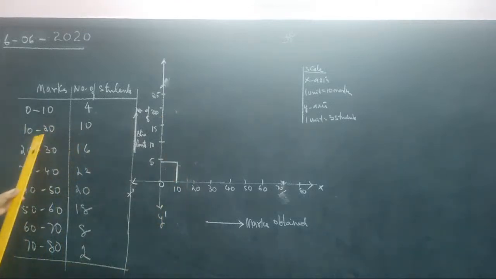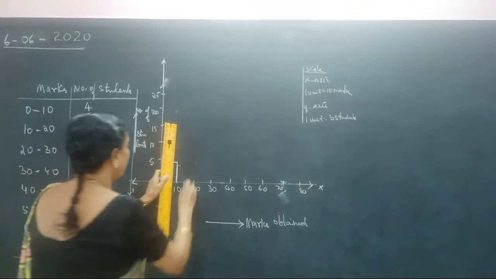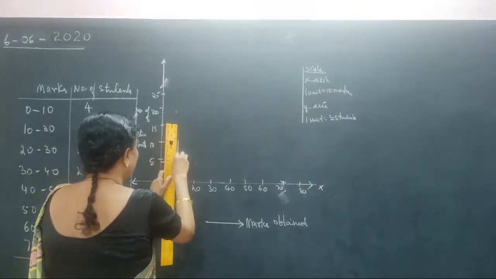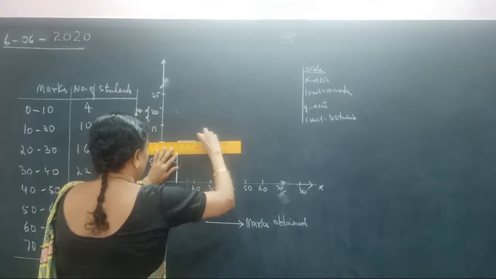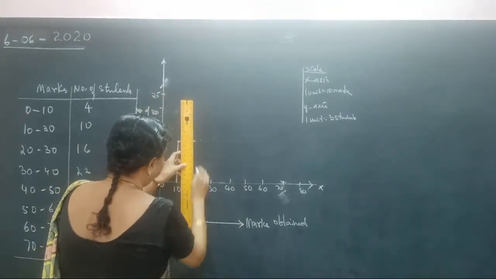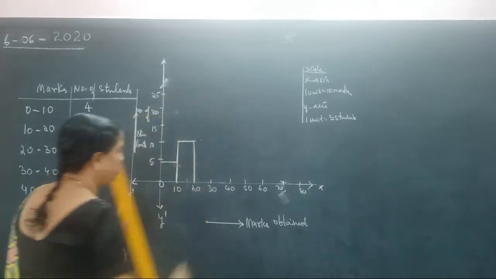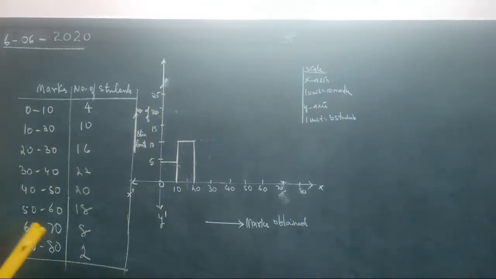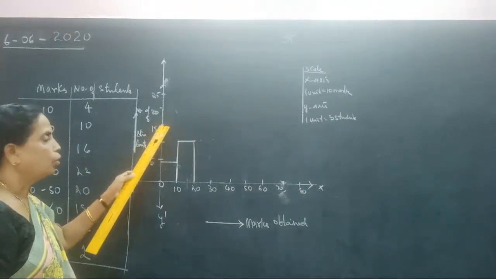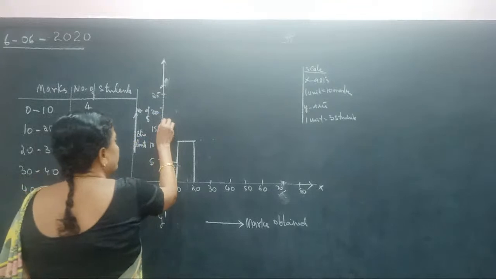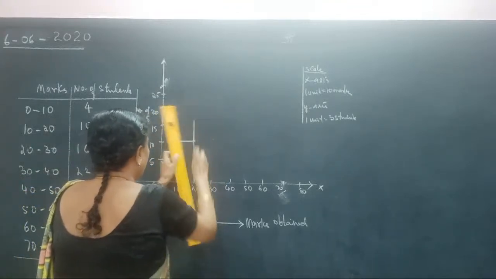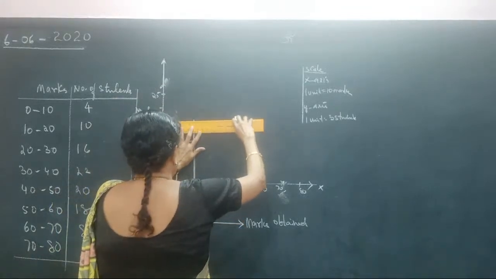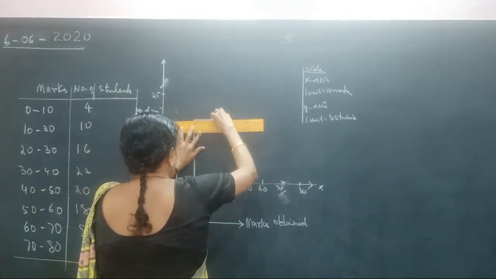After 0 to 10, 10 to 20 is 10, so using the scale again, draw a straight line and get another rectangular box. 20 to 30 is 16, that is, after 15, 2 divisions you will get 16. Mark the 2 divisions in the graph and draw from there.